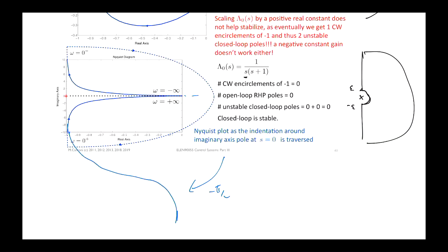As we go up this part of the Nyquist contour, we're going to end up at a phase of minus pi, because we'll have minus pi on 2 due to this guy and minus pi on 2 due to this guy. And that's what's happening. It's coming in at minus pi.